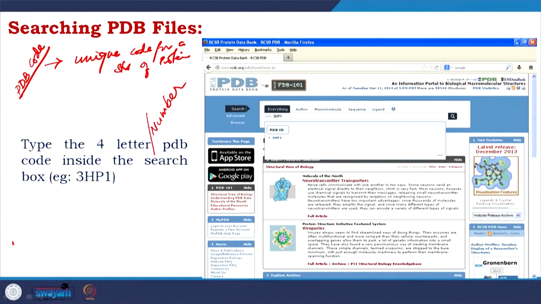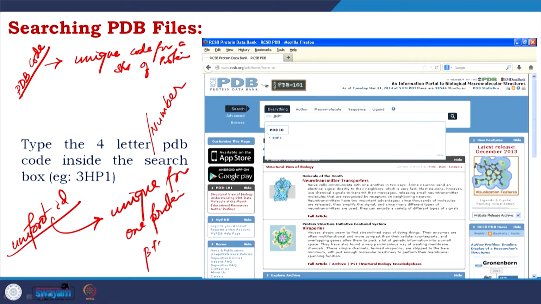So, the unique code is the PDB ID, but there is something called the UniProt ID. This is unique for one protein.